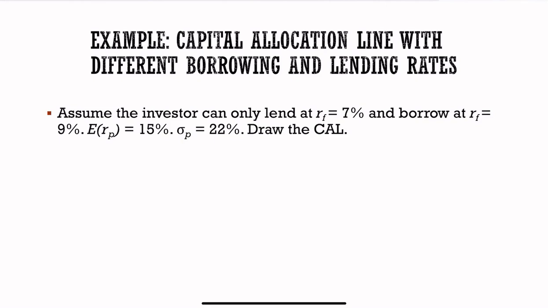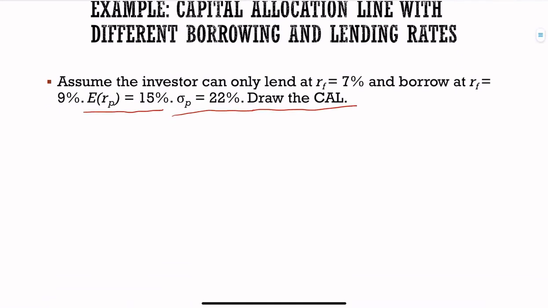Well, because generally when you're a borrower, you will be charged a higher interest rate. So let's say the risky portfolio has a 15% return, and its risk is 22%. Now draw this capital allocation line.